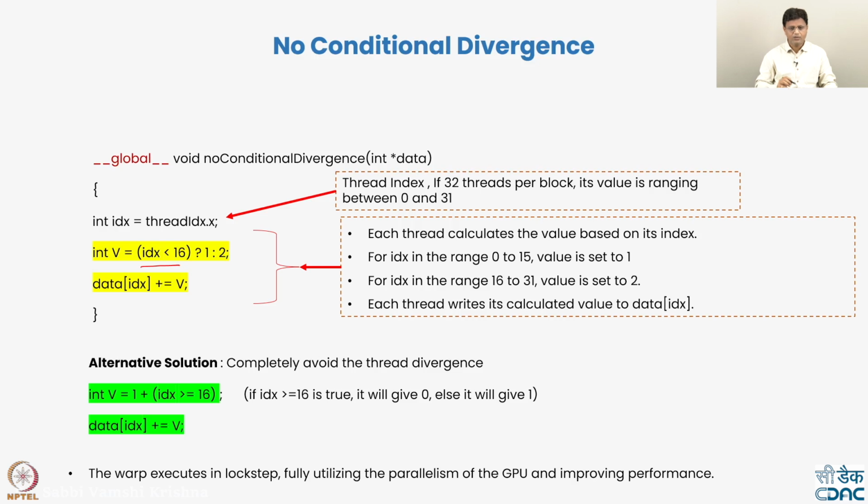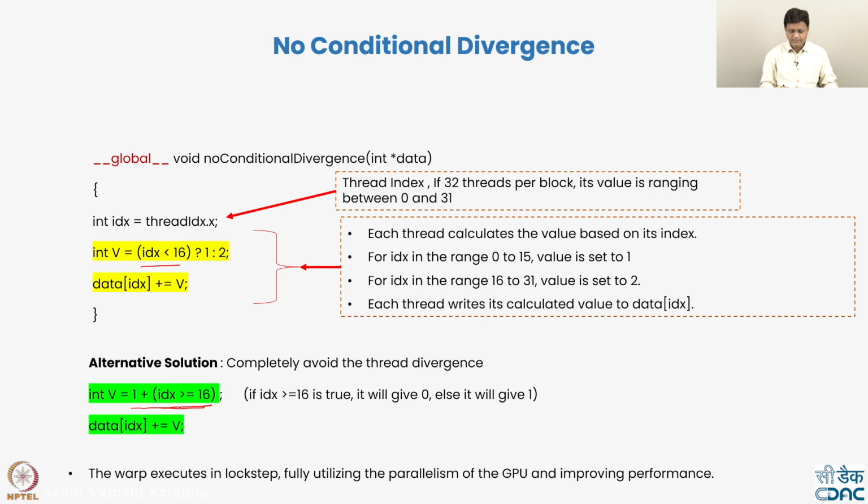So, what is the alternate solution I suggest to completely avoid the thread divergence? You can see this portion which is highlighted with the green color. Here you can see this logic where I am comparing IDX is greater than or equal to 16. If IDX value is less than 16, this is always going to be 0.